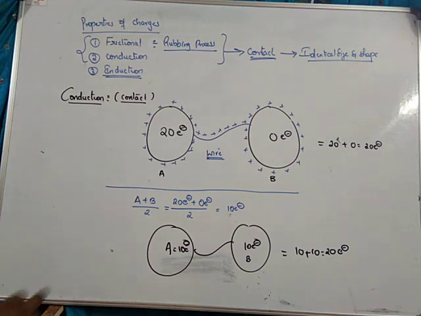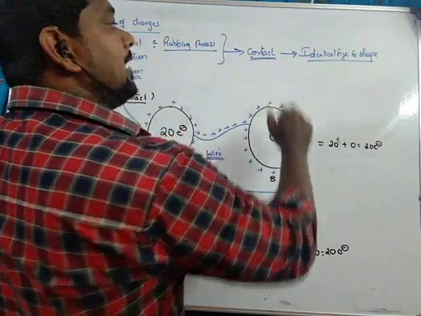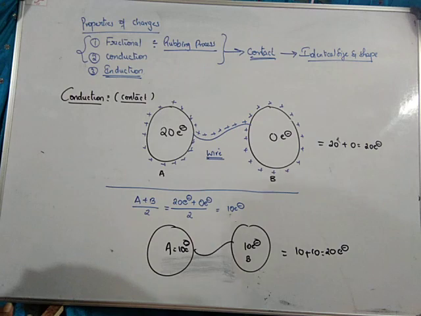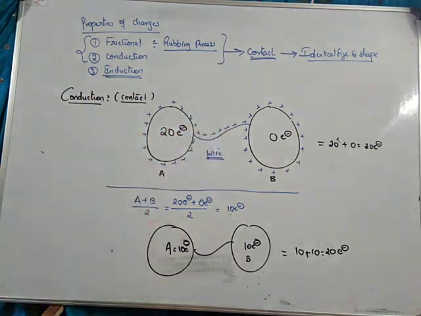So here we have a formula. Now just remember, this will be applicable only when they are of identical size and shape. If A has a larger size when compared to B, then it won't be applicable. So in conduction, whenever we have two atoms, they will have two different strengths of charges. Whenever we make contact, there is a transformation of electrons from A to B, and for that we have the formula (A plus B) by 2.